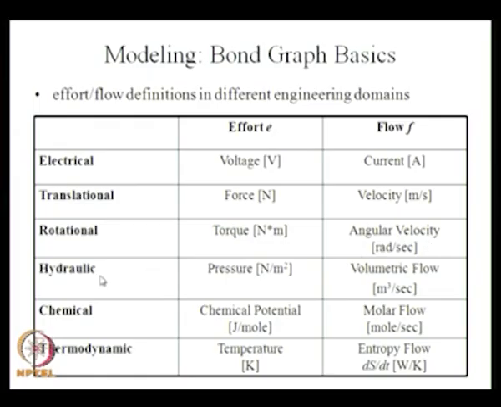In hydraulic, pressure is the effort and volumetric flow is the flow. Similarly, chemical potential and molar flow, and in thermodynamics, temperature and entropy flow. Whatever the domain, we can still represent the effort and flow, and that helps us have a common modeling language for multiple domains.